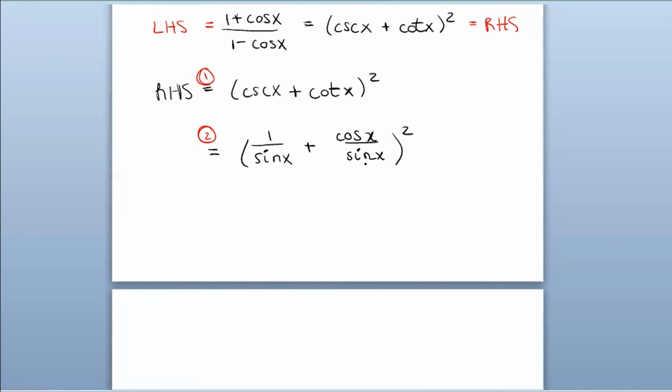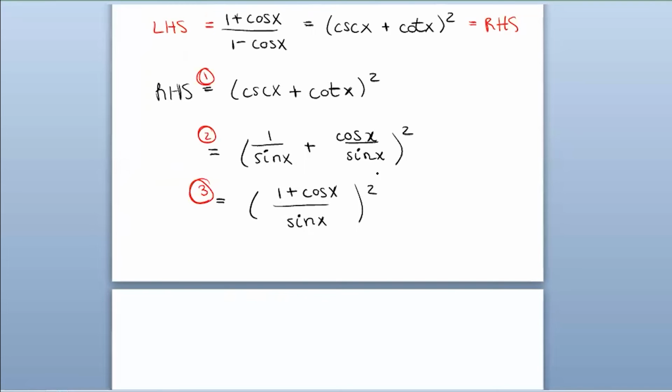Okay, so that's my step 2. And then I'm going to want to simplify as much as possible. The first thing we should immediately notice is that these two fractions have the same denominator. They have a common denominator, and so I can go ahead and add these two fractions. Okay, there's one simplification step.